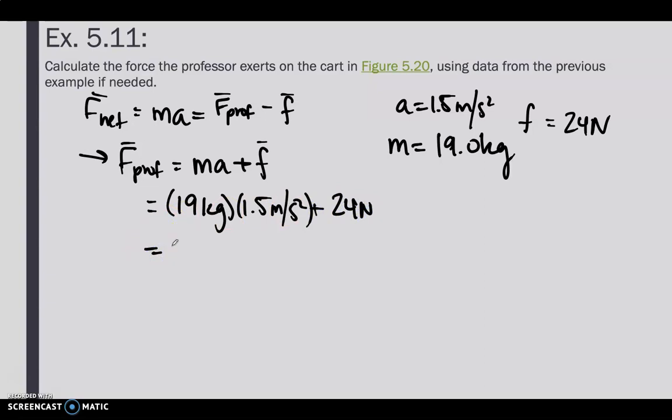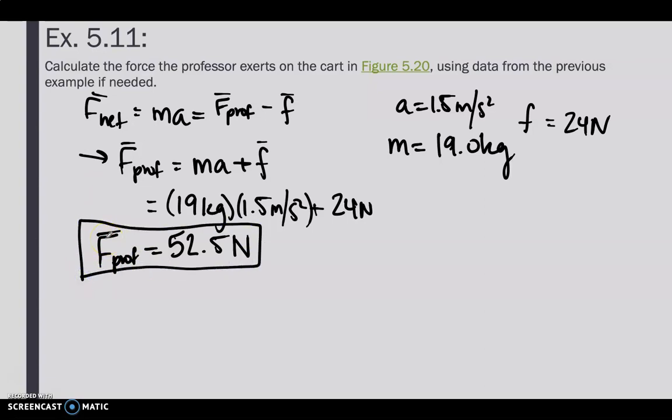Okay. 19 times 1.5. Okay, and we get a total of 52.5 newtons. So this is the force that the professor is putting on the cart. Okay?